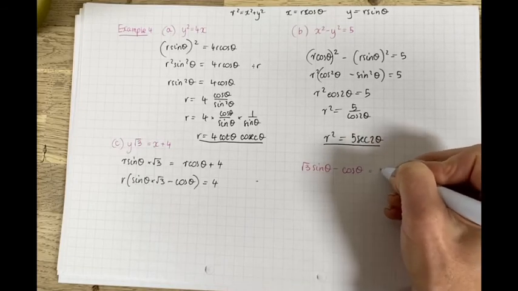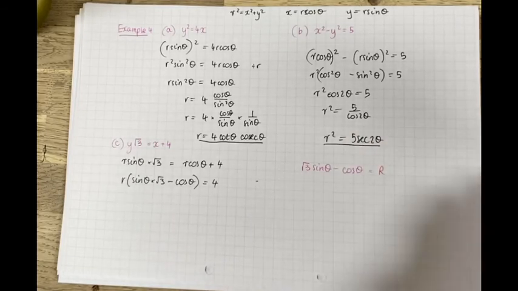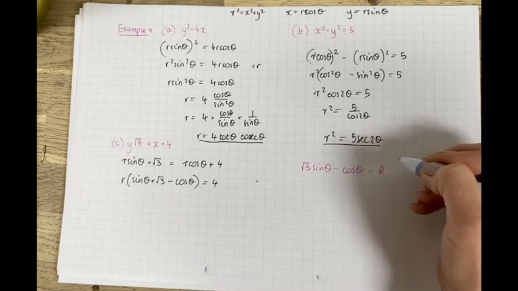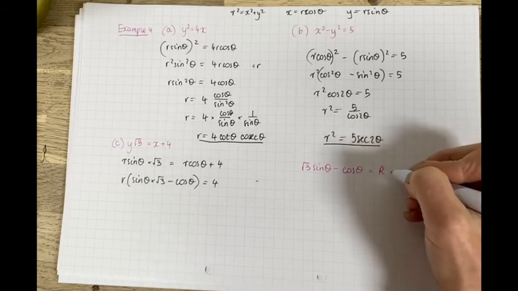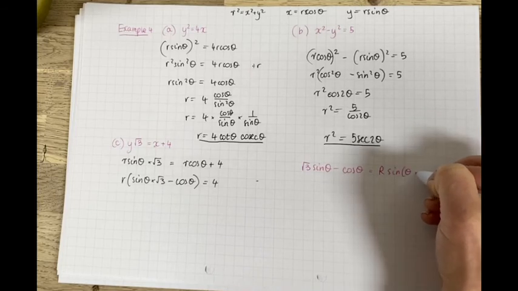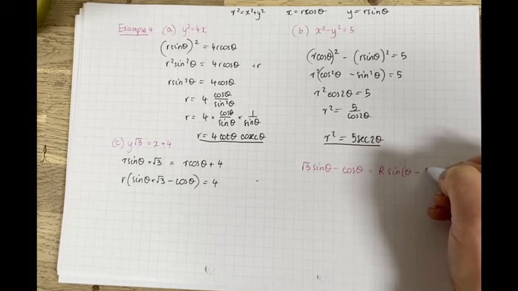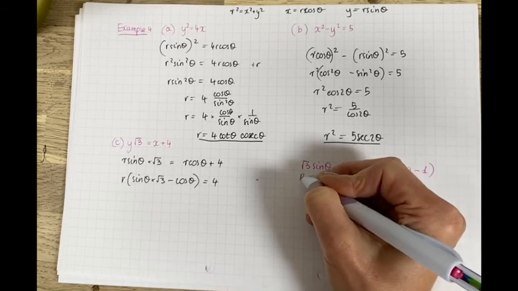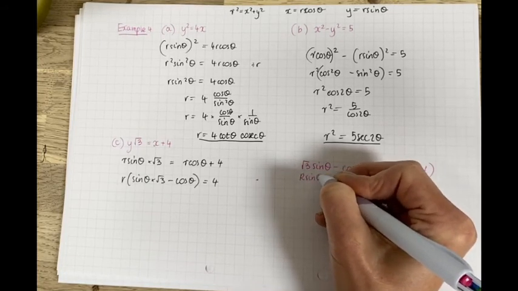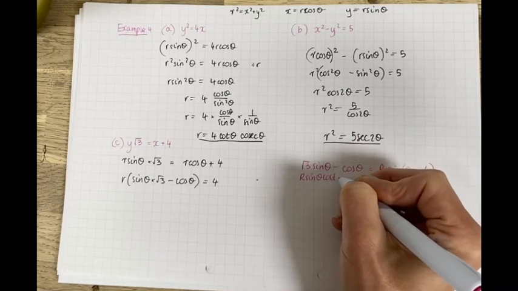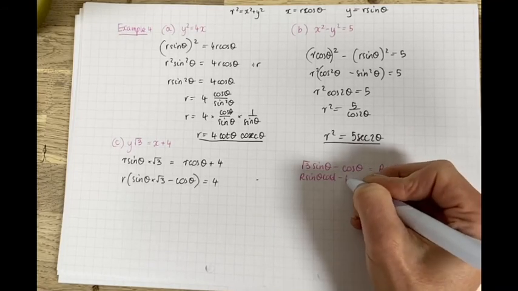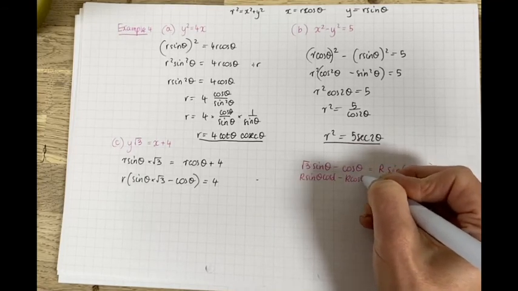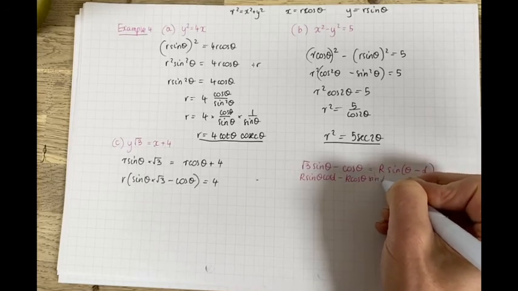So we're going to replace it with, let's say, r sine theta, there's a minus here, so minus alpha. So if you do that, then you've got r sine theta cos alpha minus r cos theta sine alpha.